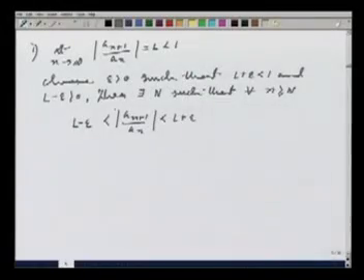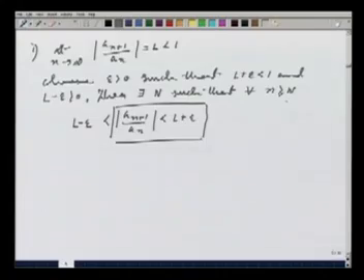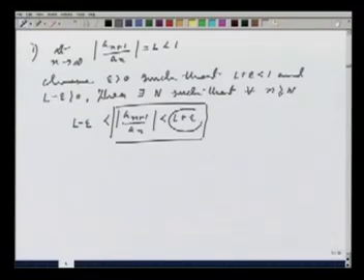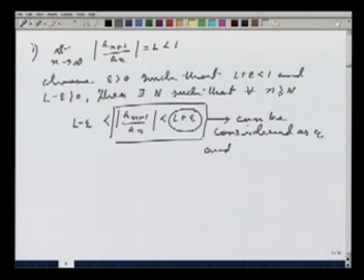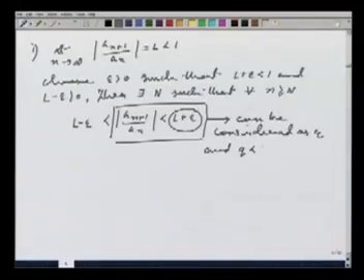Okay. Now I just concentrate on this part. This is true for all n bigger than or equal to capital N. So according to the previous result which I have proved, this quantity L plus epsilon can be considered as Q. And since by my choice L plus epsilon is less than 1, this Q is less than 1.